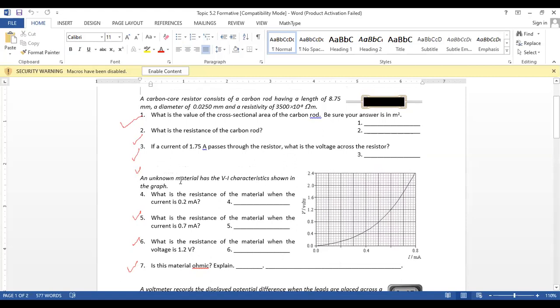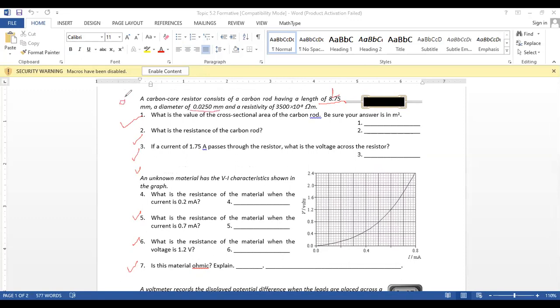So we have a few minutes. First, I will solve one example just for your help. Now in the first question, a carbon core resistor consists of a carbon rod having a length of 8.75 millimeter. So this is the length, and the diameter is 0.05.